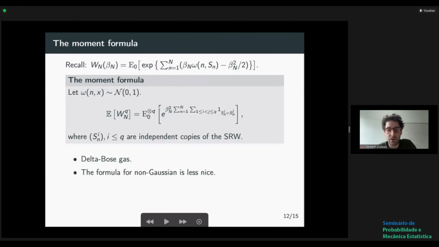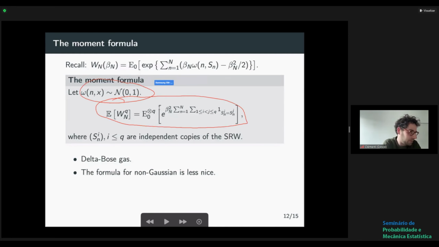And how we do that, very, very briefly, is that we use a very nice formula. At least it works when omega is Gaussian. This is also why we started with Gaussian weights. There is a formula which tells you that the q moments are just the number of intersections of q independent random walks.